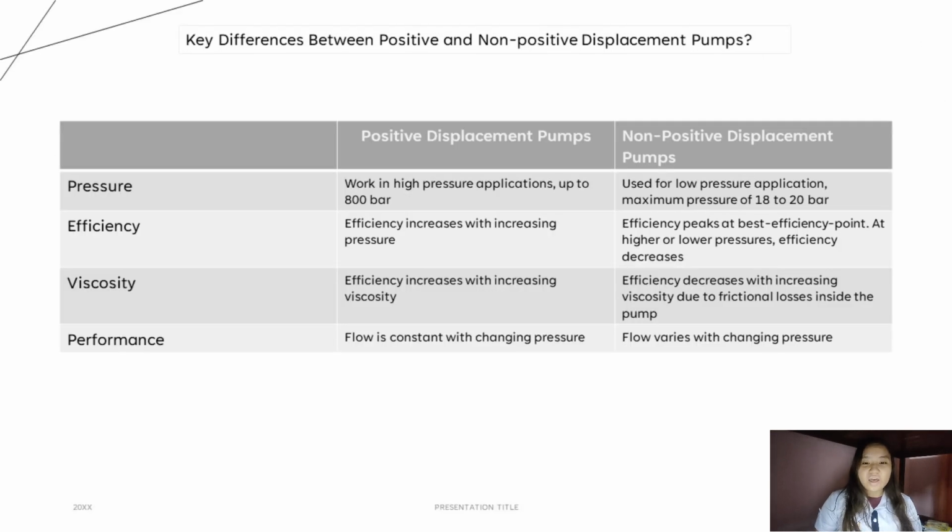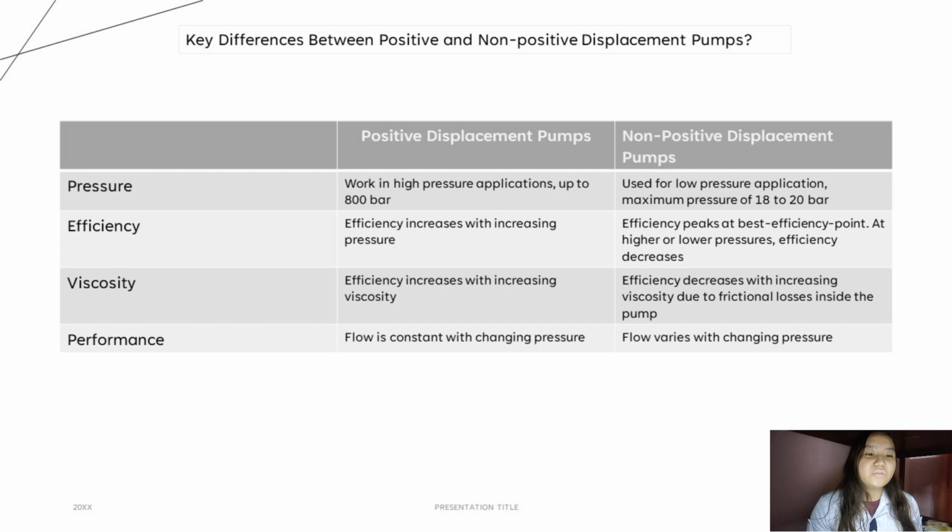So here we have a table on the differences between the positive and non-positive displacement pumps, which is very self-explanatory considering that the table itself is already detailed. So for pressure, positive displacement pumps work in high pressure applications up to 800 bar.